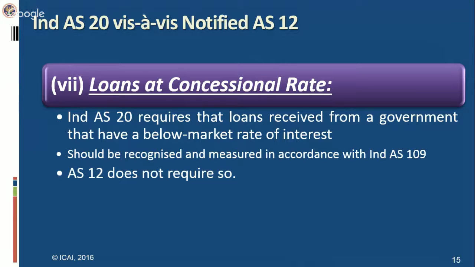So, though we are receiving a loan from government at concessional rate, it has to be recorded at fair value, and for that recognition at fair value in case of loans we have to refer to Ind AS 109. So let us move on. These are the differences between Ind AS 20 and notified AS 12.